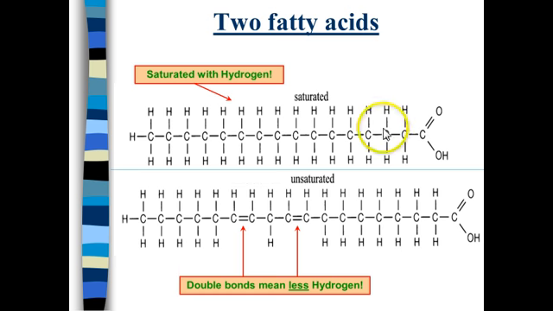Okay, so that is just a quick explanation of what we mean by saturated fats, unsaturated fats. That is the main thing to understand here. And again, I do want you to have diagrams of these in your notes.